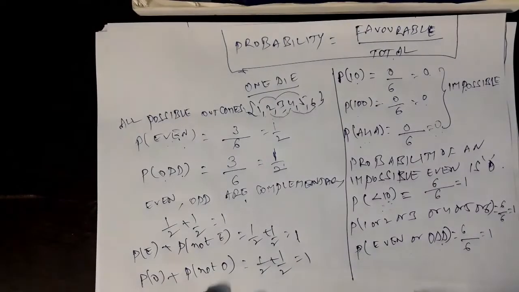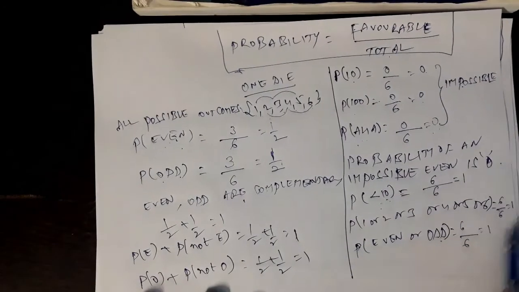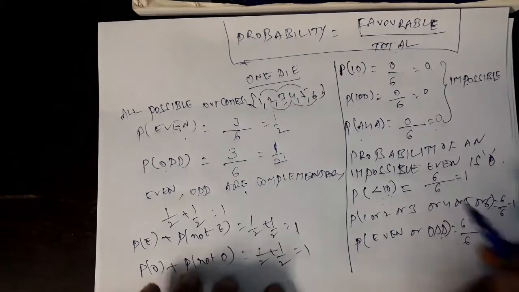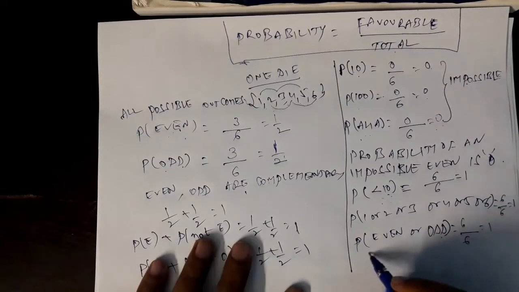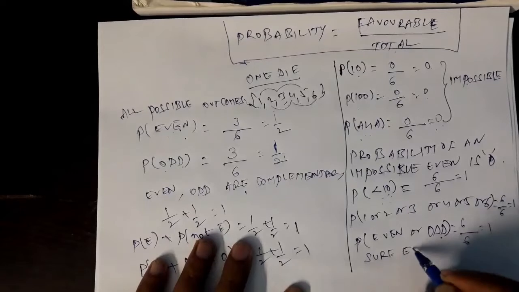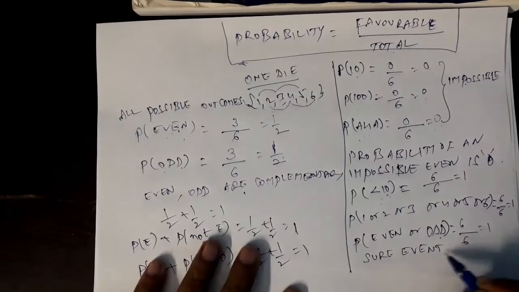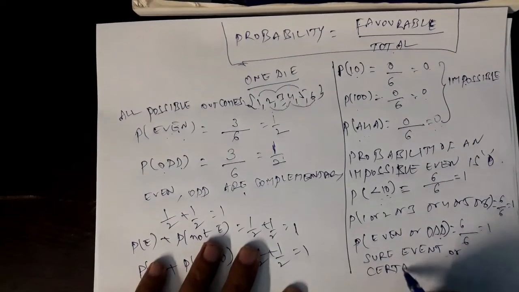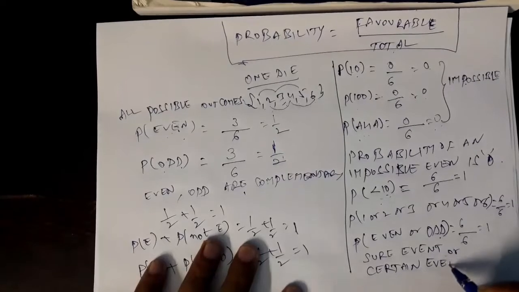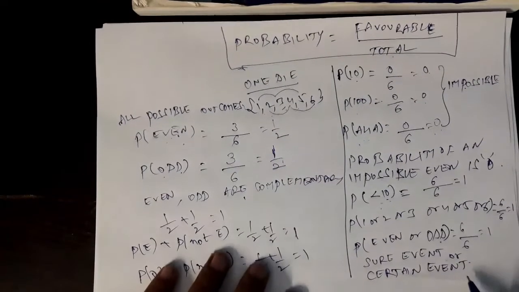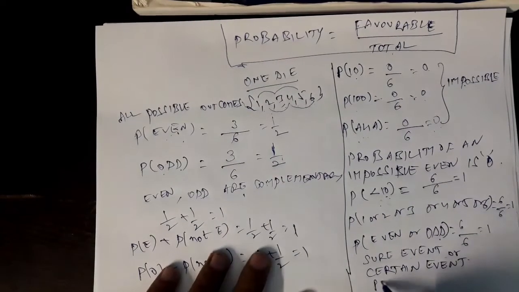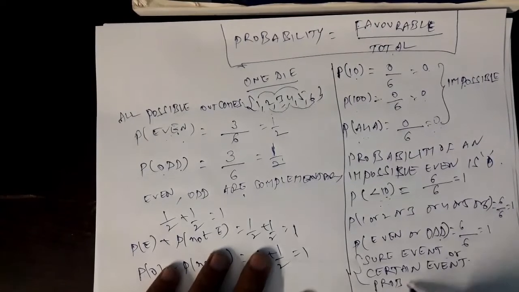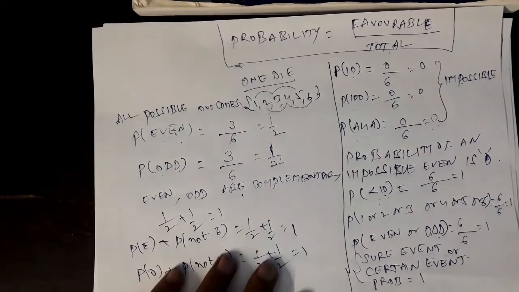See, what have you observed here? In these 3 cases, the probabilities are 1, right? This type of events, like less than 10, are called sure events or certain events. For a sure event or certain event, the probability is 1, right?